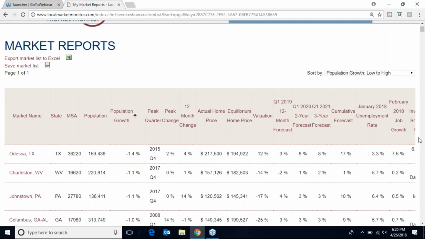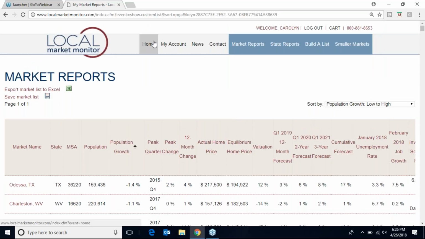I think that's what Ingo was touching on during the webinar: it's not just one thing that's going to make an investment in a certain market work. It's going to be a combination of factors, and also the history of that market. So that investment score and rating really takes that into account. And if you select a market and go back and look at the full report, you'll see why a market is rated a certain way.